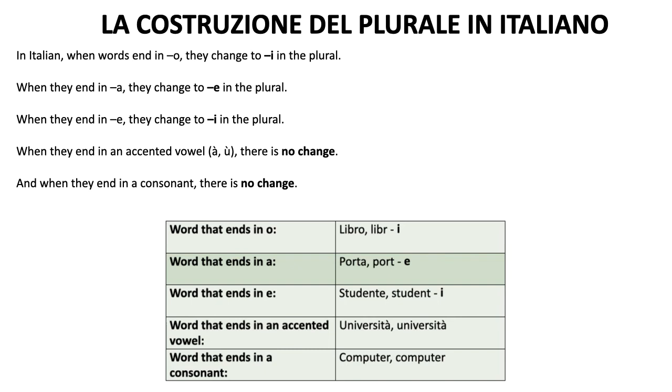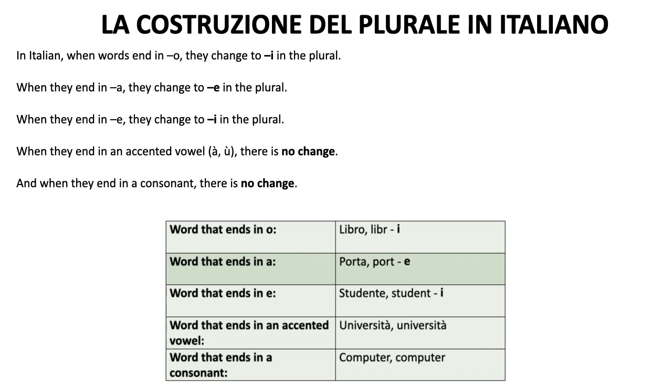And then a word that ends in a consonant, we have learned one, computer, right? Computer does not change in the plural, okay? And that's it, those are the rules. So perhaps the easiest way to learn them is focusing on the three first ones, right?